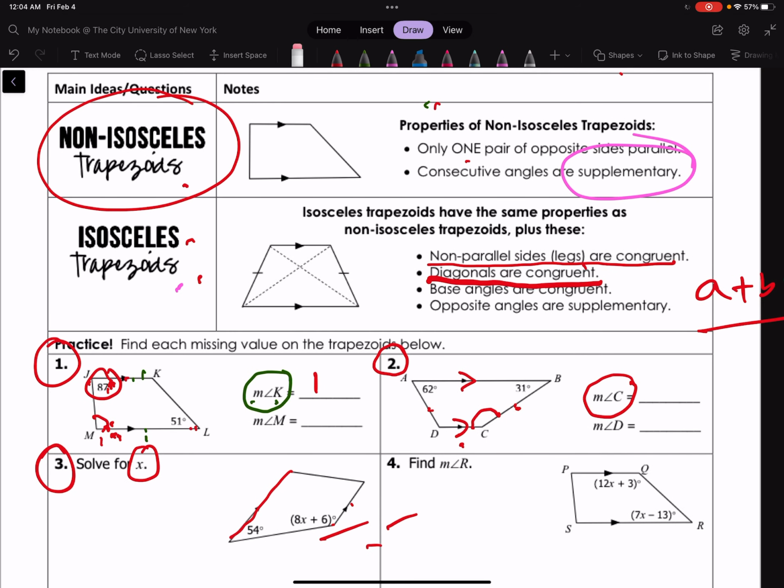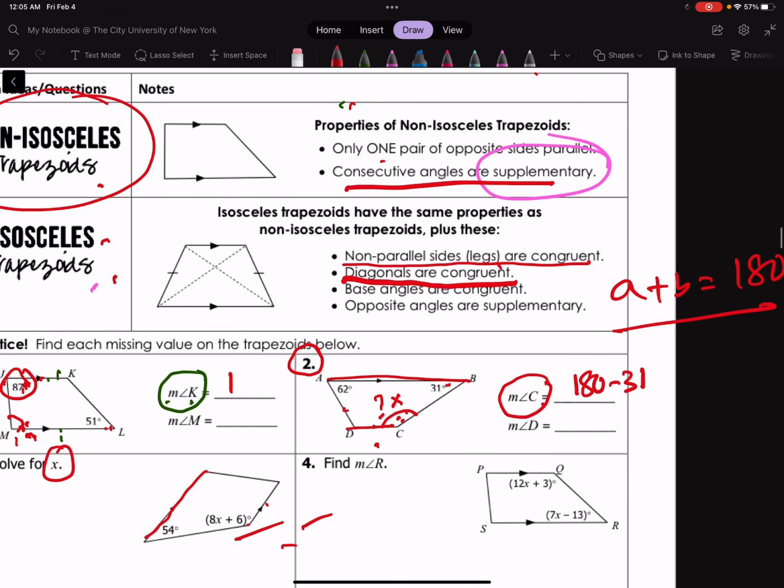So the only property for the missing angles is consecutive angles. If you want to find C, that is our X. This consecutive 31 and this are supplementary, so once you subtract 31, you should get it. Calculate it.